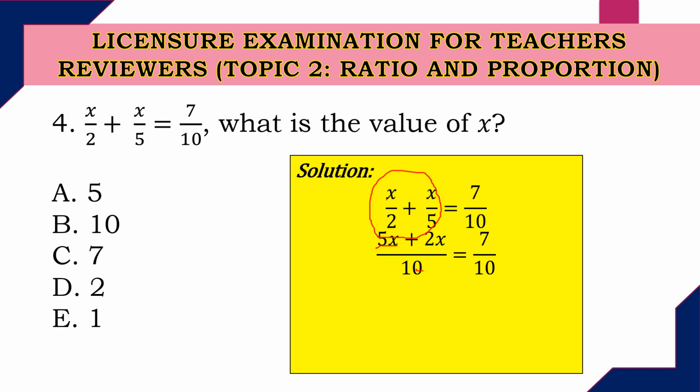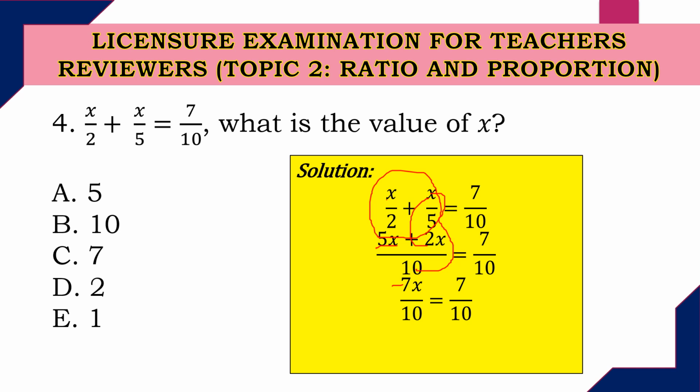Next, 10 divided by 5, that is 2, times x, that is 2x. Kaya nakuha si 2x. So, we have 5x plus 2x all over 10 equals 7 over 10. Next, 5x plus 2x, that is 7x over 10 equals 7 over 10.